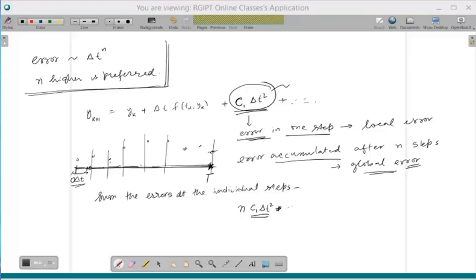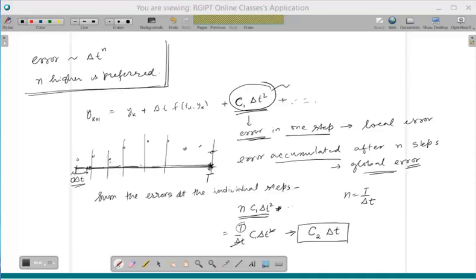So I'll have a total error like this, and n is given by t by delta t, so this would be t by delta t times c1 delta t square. So that it cancels out, and I get some other constant, since t is a constant anyway, c2 delta t.